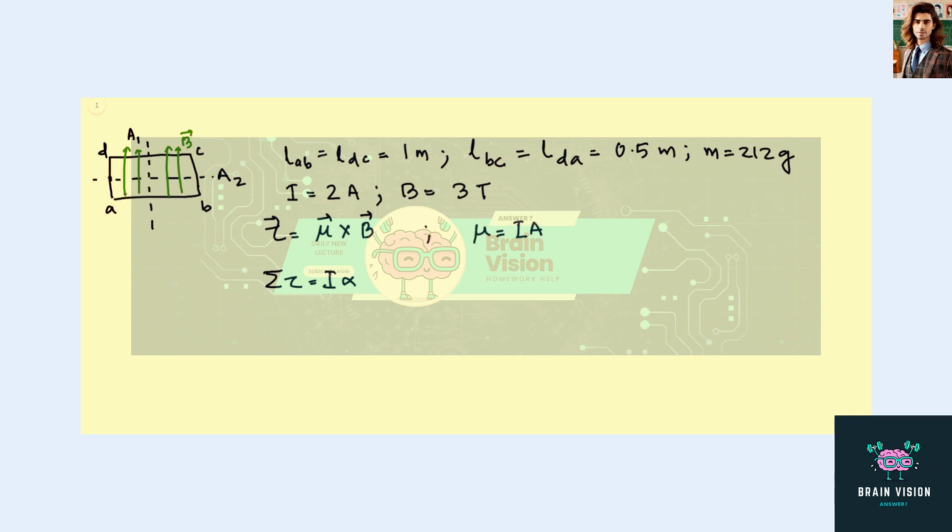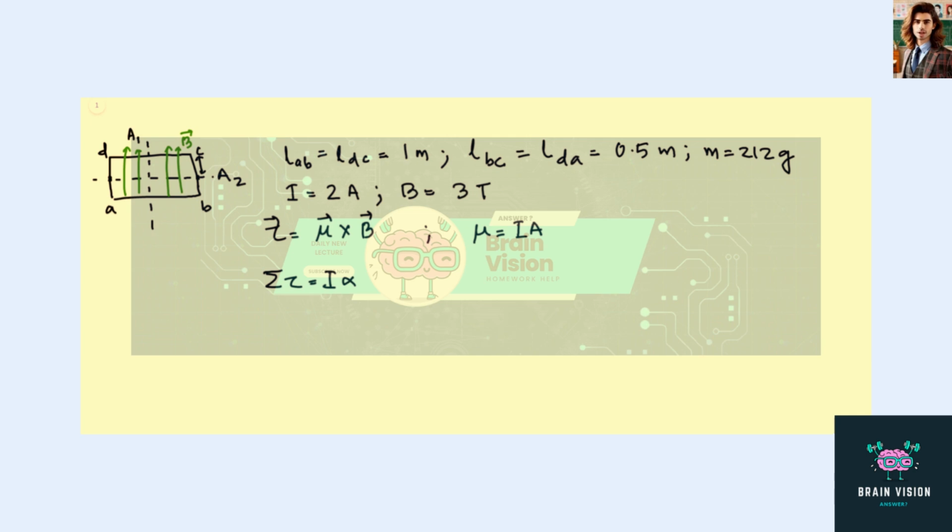So these two segments are rods rotating about axis A2, about their center, and AB and DC can be treated as point masses rotating about axis A2 at a distance of 0.25 meters, which is half of this distance.